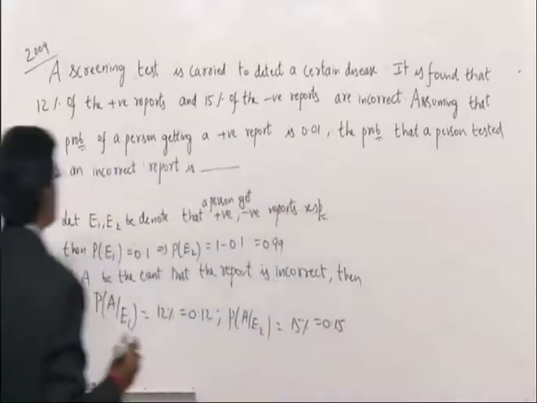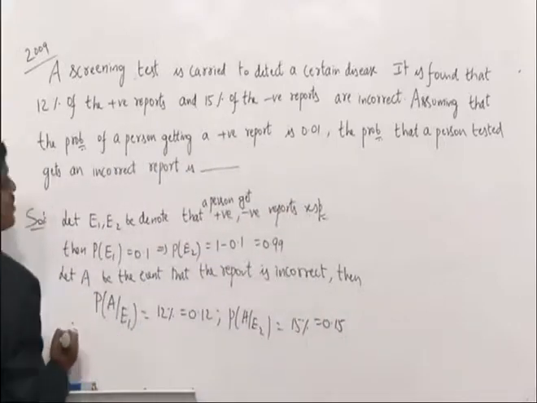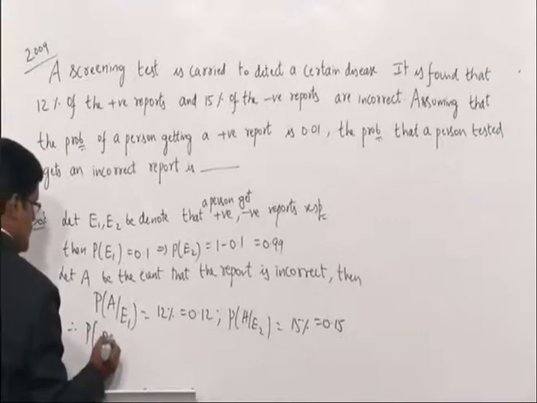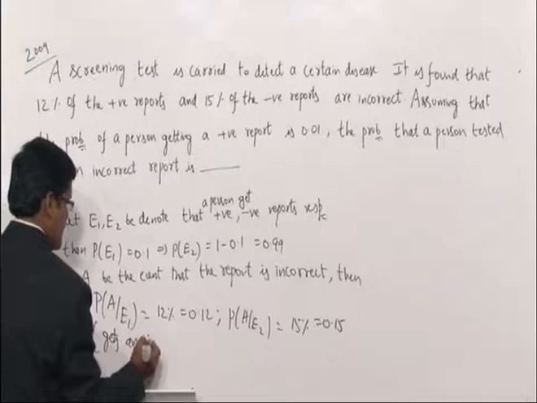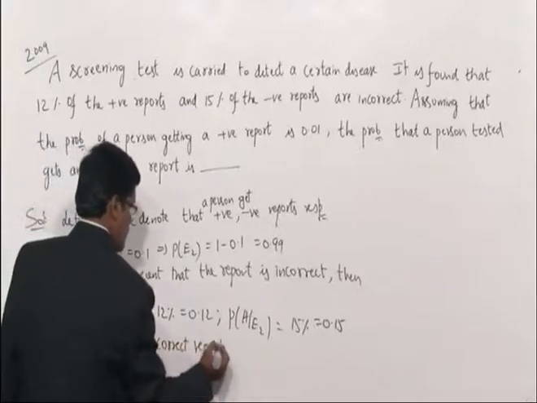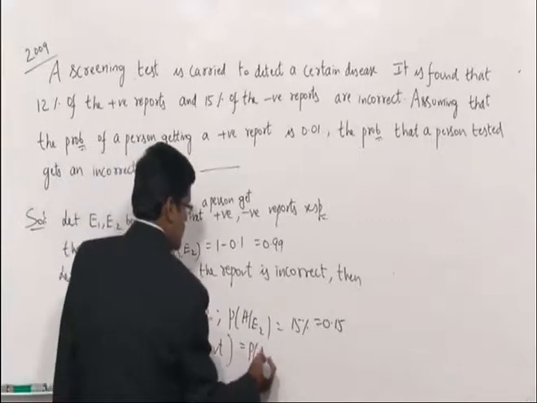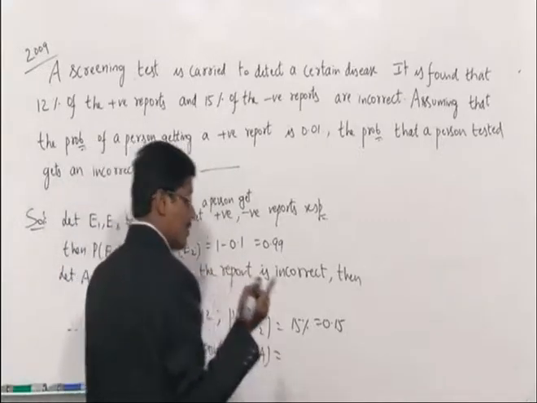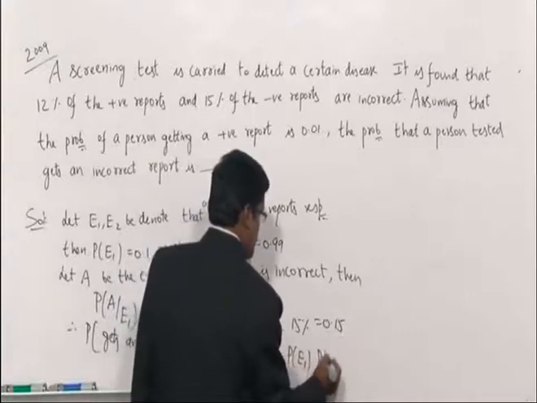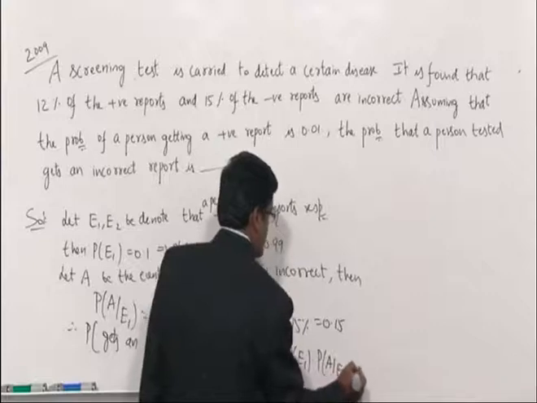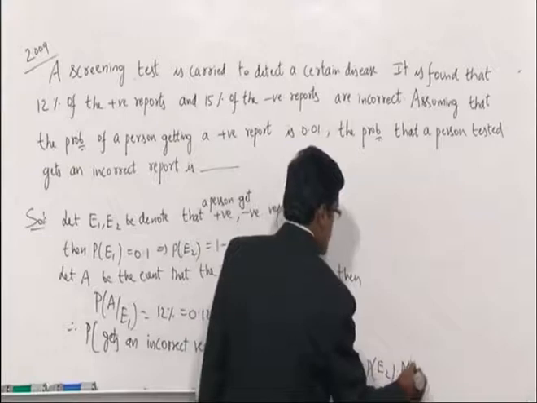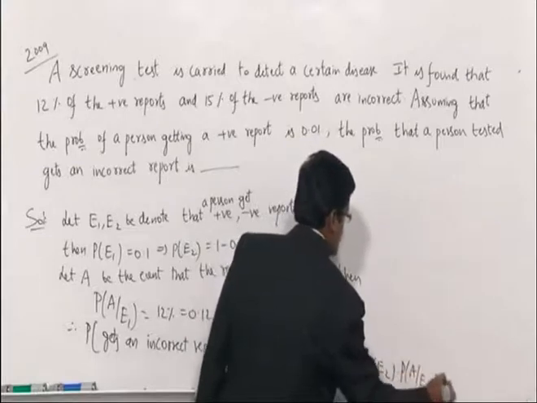And what is finally required? Therefore, probability that a person gets an incorrect report, which is denoted by event A. So using total probability, that is the denominator of the Bayes theorem, P of E1 into P of A given E1 plus P of E2 into P of A given E2.